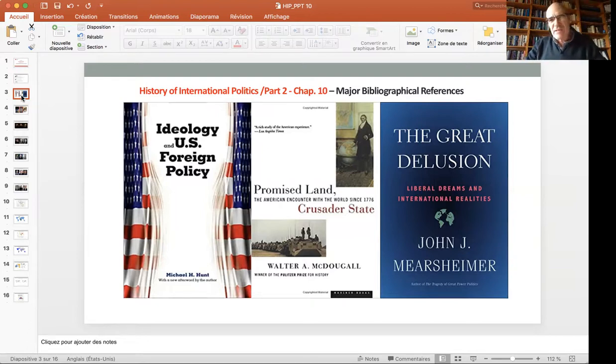So let's have a look in detail at the foreign policy doctrines or ideologies or debates that characterized the US when it became independent. That is to say, in the last two decades and a half of the 18th century, America's political regime was inspired by John Locke's liberal philosophy, the separation between the executive, the legislative, and the judiciary power.